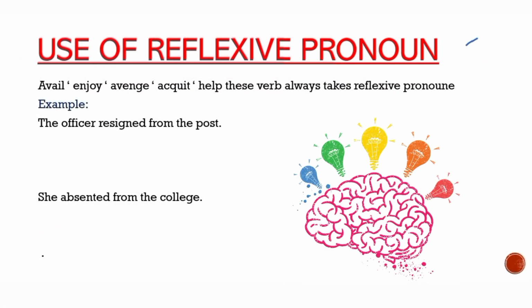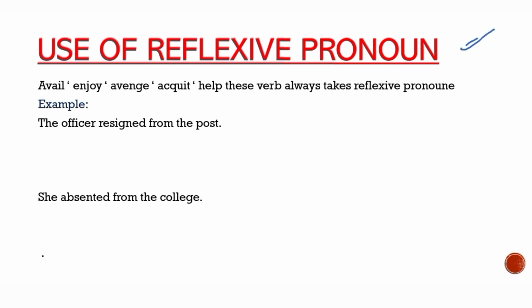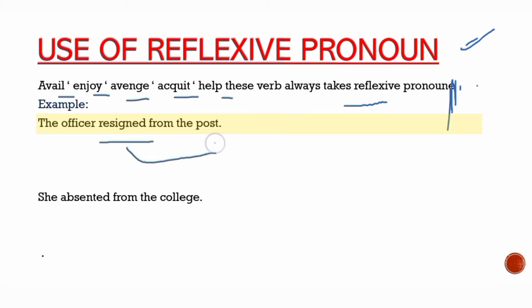Now we are going to understand how we can use reflexive pronoun in a sentence. When words like avail, enjoy, avenge, actuate, help come in a sentence, they always take reflexive pronoun at the end. Our first example is: the officer resigned from the post. We know that after the word resigned, we always use reflexive pronoun.